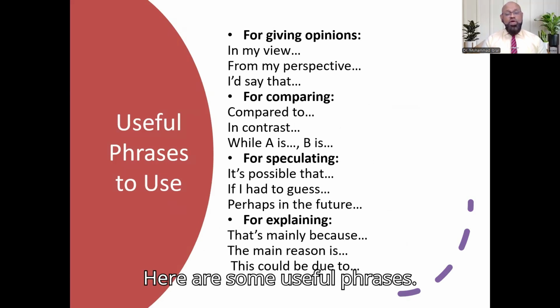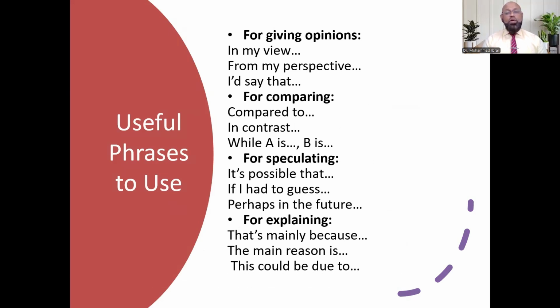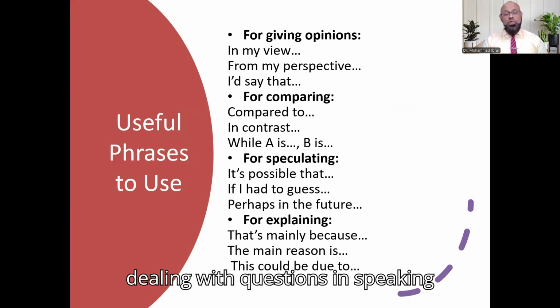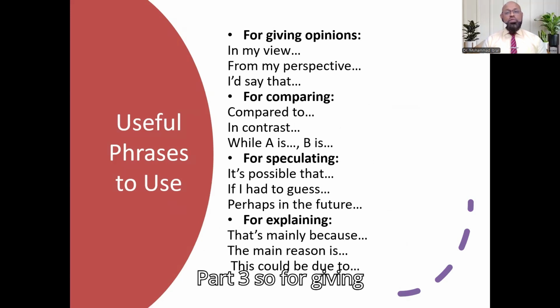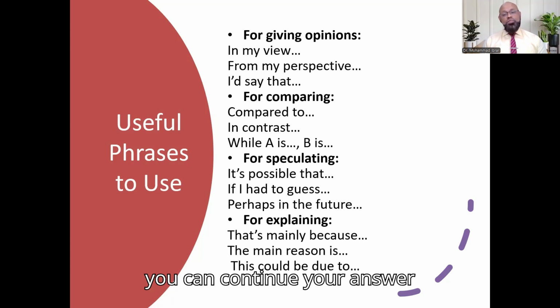Here are some useful phrases that can be used while dealing with questions in speaking part 3. For giving opinions, in my view, from my perspective, I'd say can be made use of. For comparing and contrasting, compared to this, and then you can continue your answer. In contrast, and then you can add your ideas.